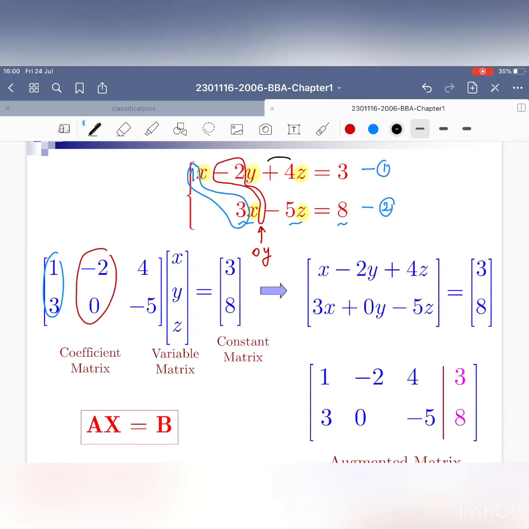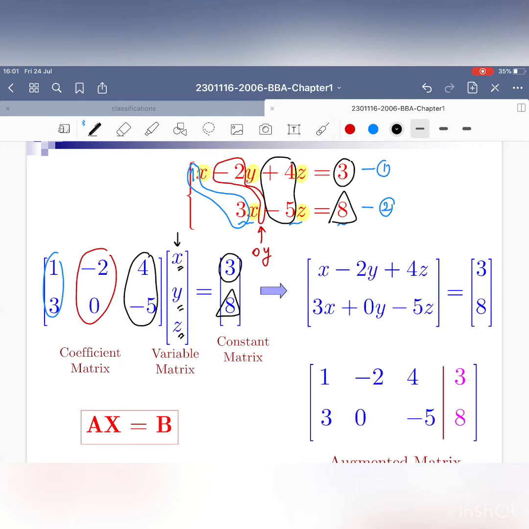On the z, the last column, you got 4 and negative 5. Then your column matrix will be x, y, and z, in this order. And then your right hand side is the constant for the first equation and the constant for your second equation.